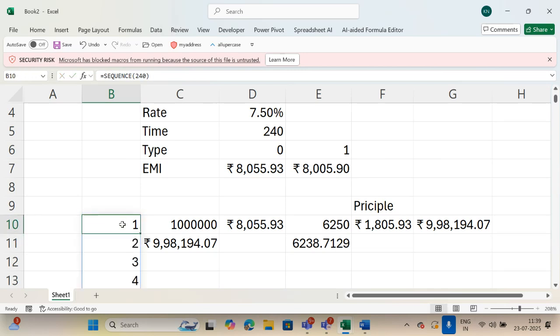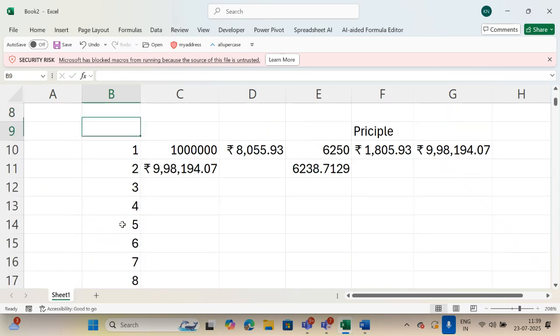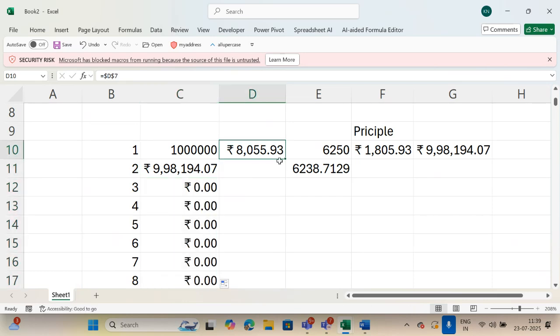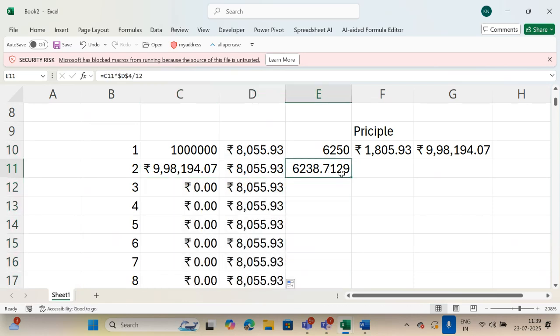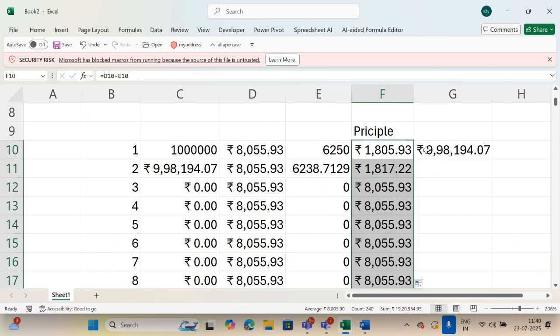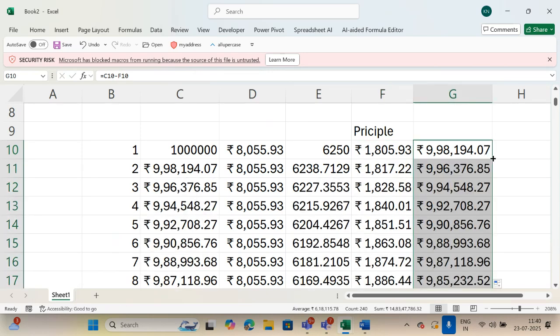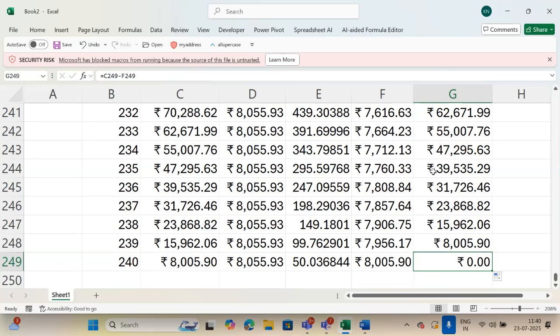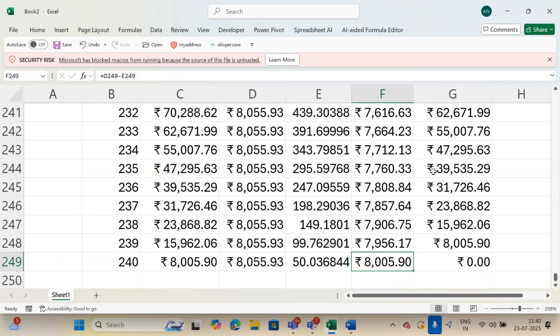See, now you have 240 rows. Then just double click everything, and interest will be calculated automatically. At the end, the principal amount is 0 because we calculated all the interest.